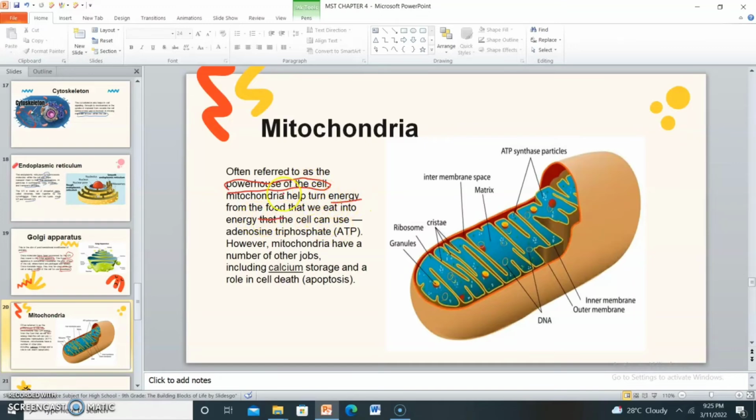So it processes the energy from the food that we eat into energy that the cell can use, in adenosine triphosphate or ATP. However, the mitochondria have a number of other jobs, including calcium storage and apoptosis.